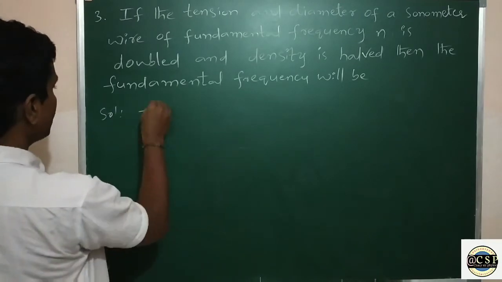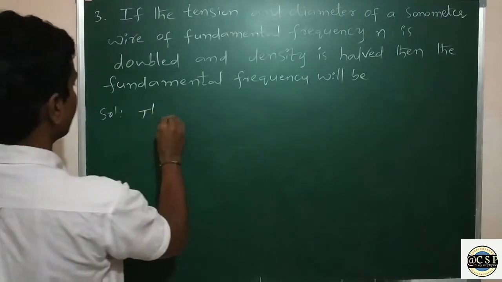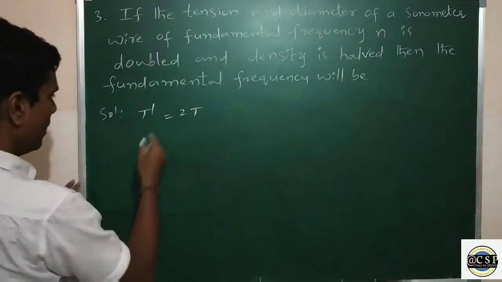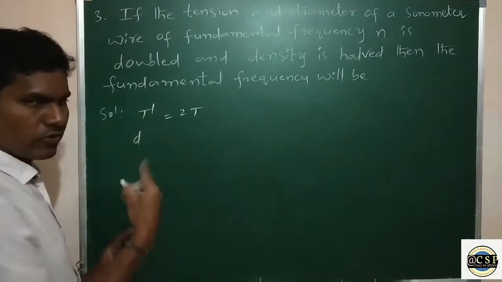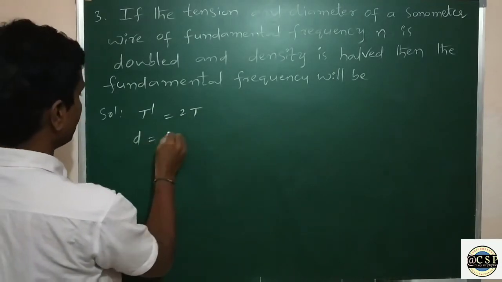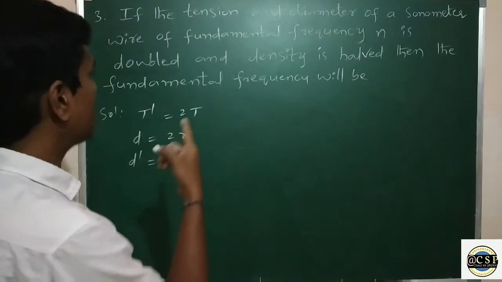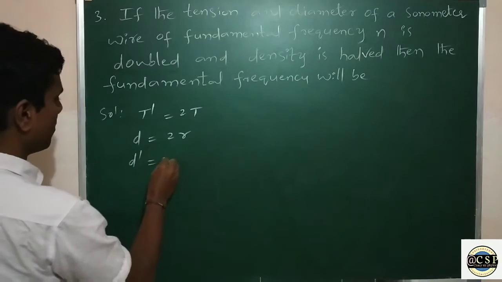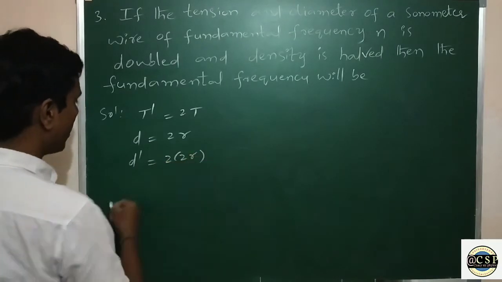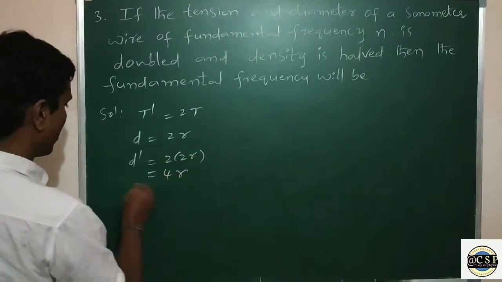The new tension T dash is equal to 2T, and the new diameter D dash is 2 times 2R, that is 4R.